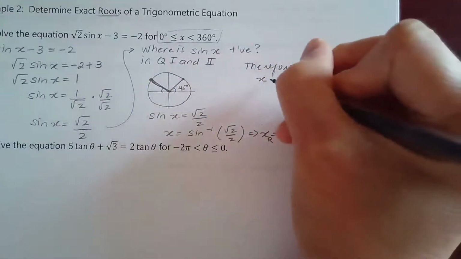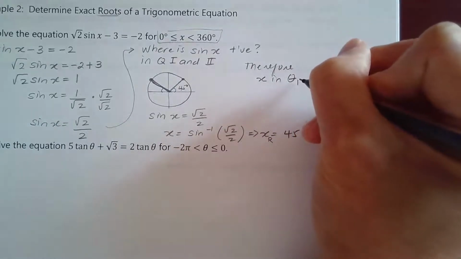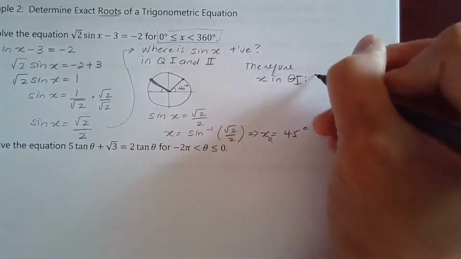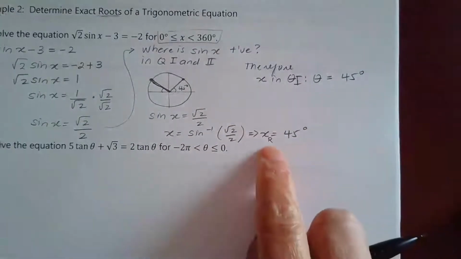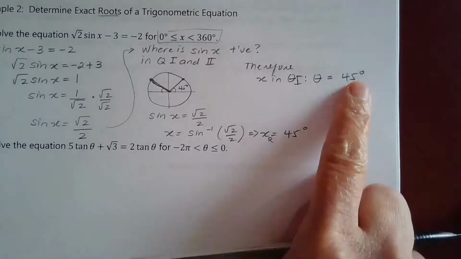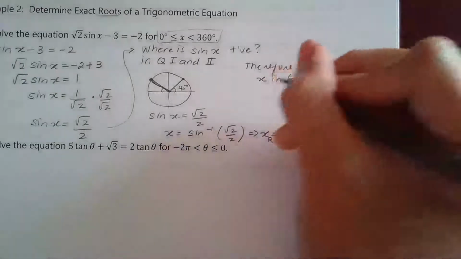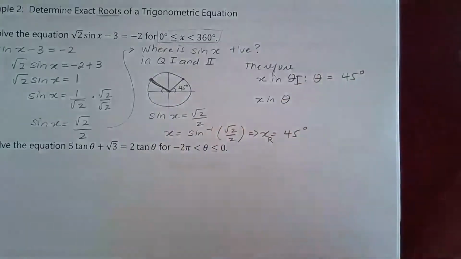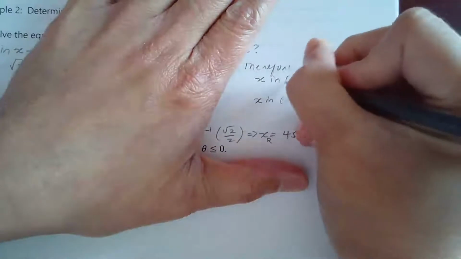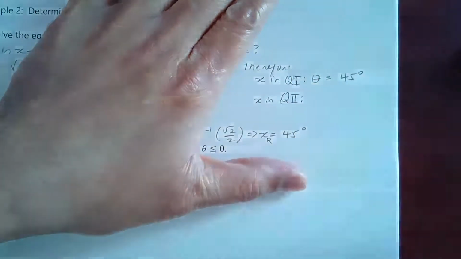x in quadrant 2, start with quadrant 1. In quadrant 1, theta is equal to 45 degrees, because the reference angle and the angle in standard position are equal to each other. Now, what about the x in quadrant 2?